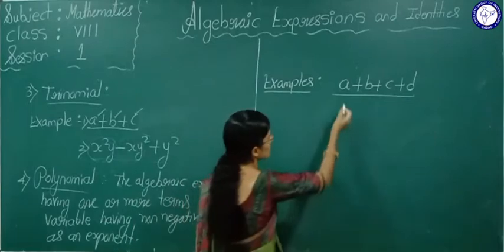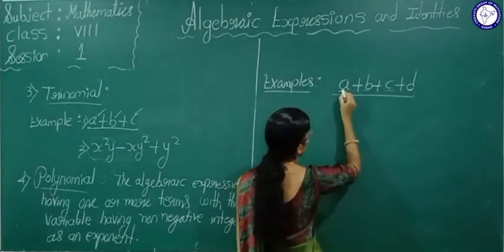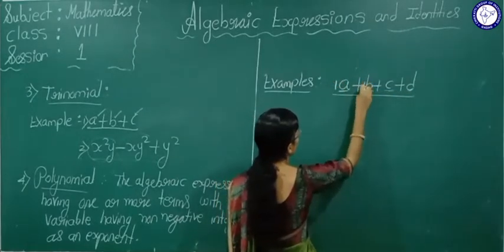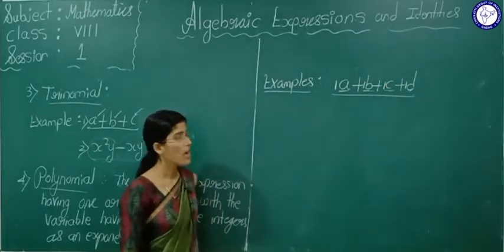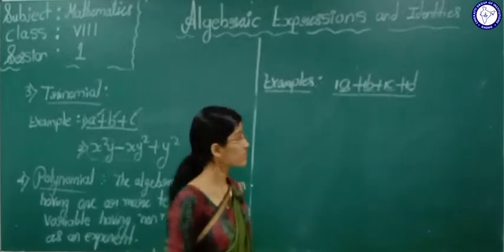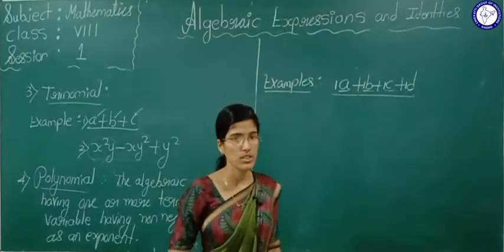Here A, B, C, D are the variables, and the constant is 1. Yes or no? And a mathematical operation is there, that is addition. So this is an algebraic expression.